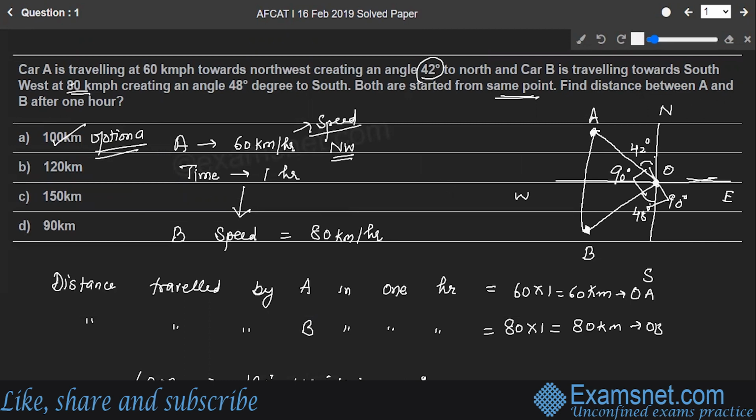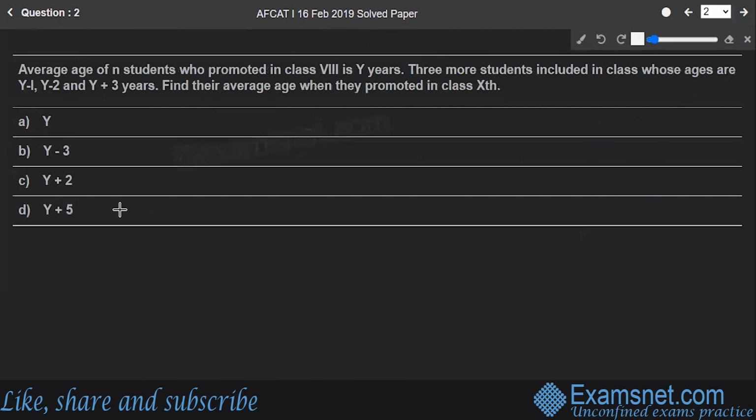Clear? Let's move to the next question, number 2. It says the average age of n students who were promoted in class 8 is Y years. 3 more students are included in the class whose ages are this, this, and this. Find the average age when they were promoted to class 10th. All right.